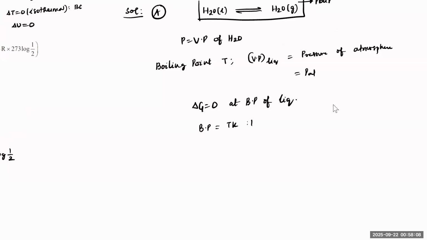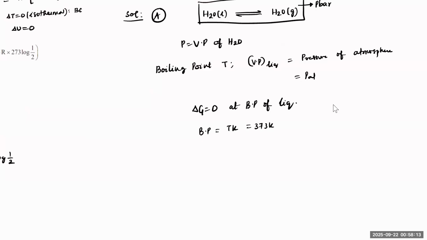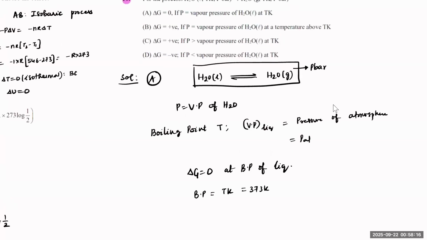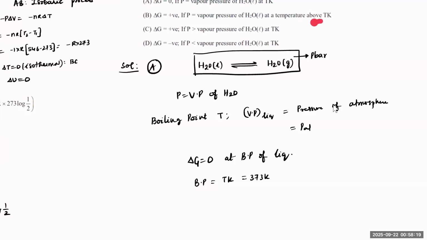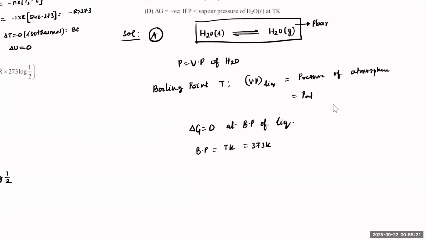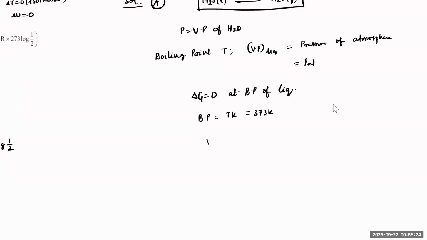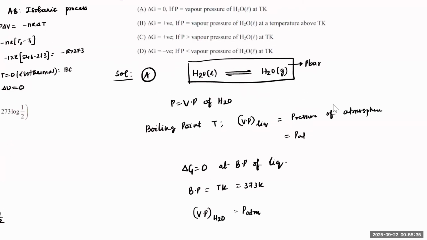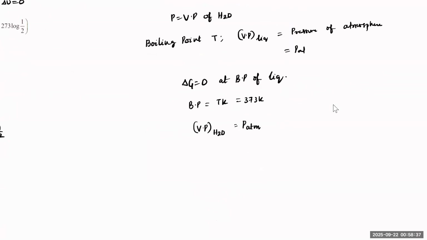Let's say for water it is 100 degrees, 373 kelvins. Now, if the vapor pressure of H2O is equal to P of ATM at temperature T, which is greater than the boiling point, this is the condition which is given.